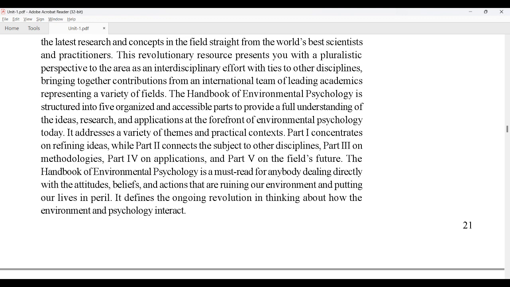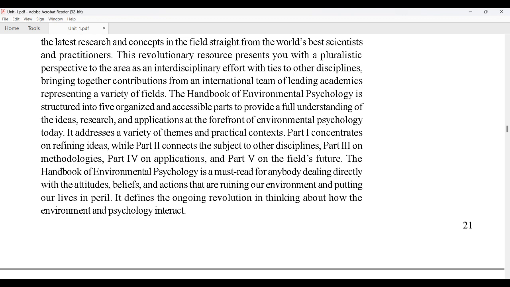This revolutionary resource presents you with a pluralistic perspective to the area as an interdisciplinary effort with ties to other disciplines, bringing together contributions from an international team of leading academics representing a variety of fields.